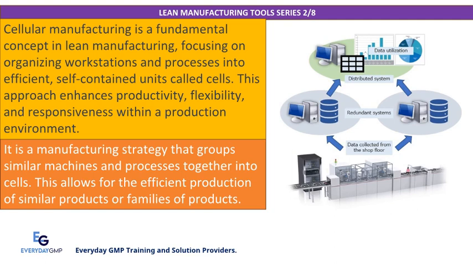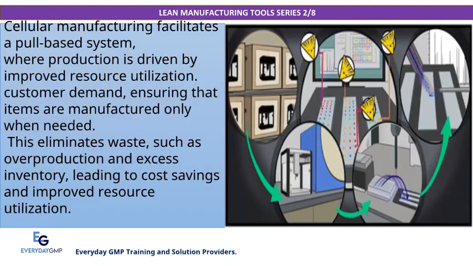It is a manufacturing strategy that groups similar machines and processes together into cells. This allows for the efficient production of similar products or families of products. Cellular manufacturing facilitates a pull-based system, where production is driven by customer demand, ensuring that items are manufactured only when needed.